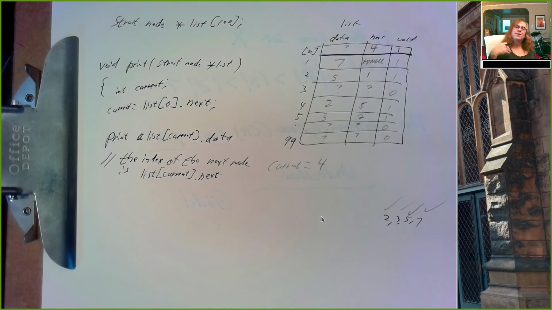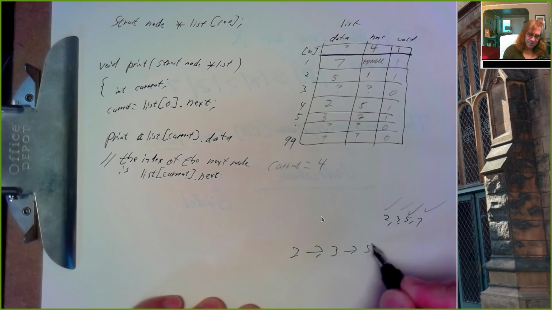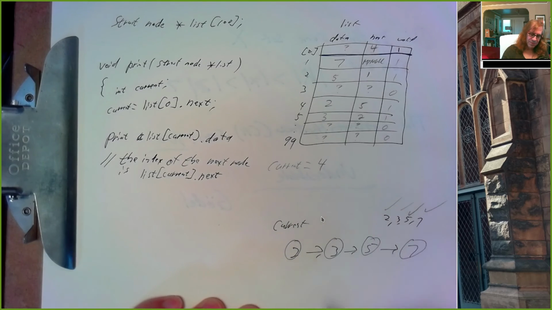In my mind, as I'm coding this, I'm thinking I'm going to have this temporary variable called current, and current is always going to be the node that I want to print out. So in pictures, I've got my nodes. Current's going to point me to the node I want to print.